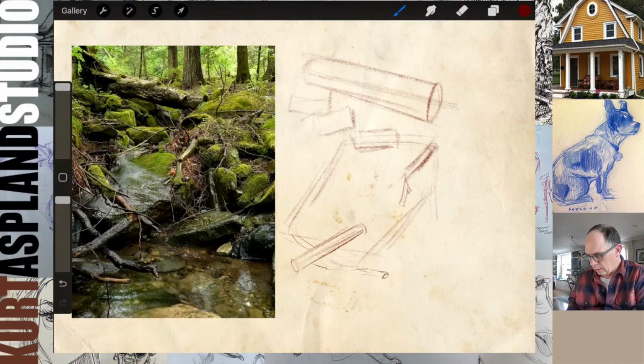And then I've got this embankment that is coming here, you see? Just looking for the big shapes right now. I've got that right there. Okay, great. There's a rock that's underwater right there.